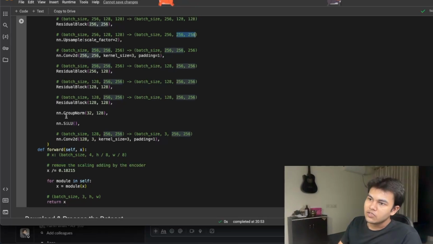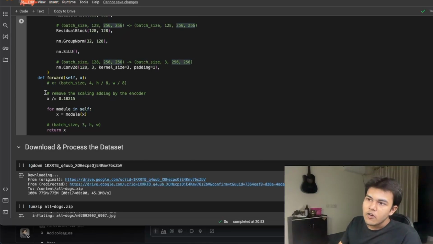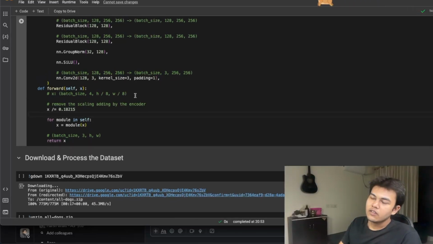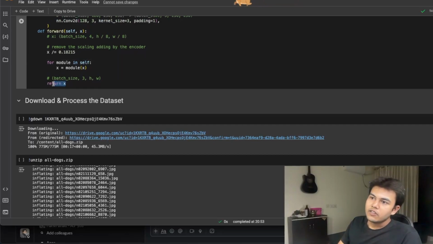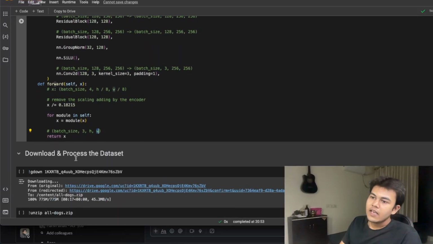Then we again use group norm and the nn.SiLU activation function. In the forward method, first we remove the constant we multiplied with x, then we iterate over all the modules in the decoder and return x, the output. The shape will be batch size, 3 for the channels, the original image height, and the original image width.